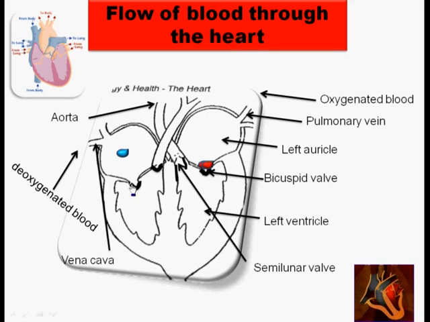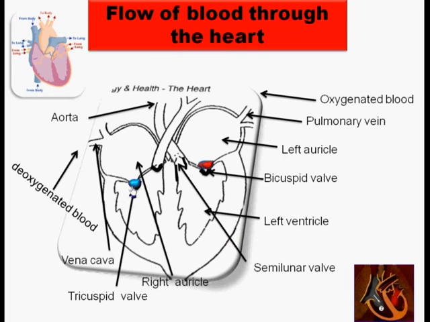Now here we have another valve that is closed. The name of, good, so we have the right auricle, good. And then now, the name of this valve right here is called the tricuspid valve. Why is it called the tricuspid valve? Because it has what? Three valves. All right.